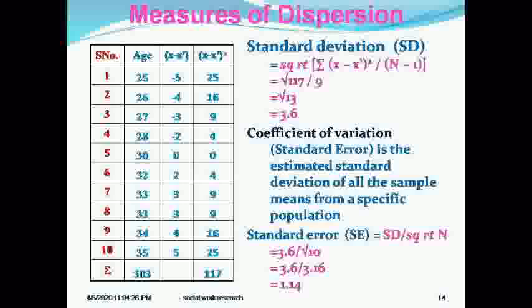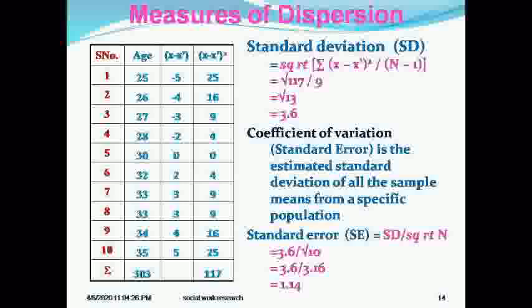Now there is one statistical procedure to estimate this coefficient of variation, in other words the standard error. It is standard deviation divided by the square root of n. The standard deviation in this example is 3.6 and the total number of observations is 10.